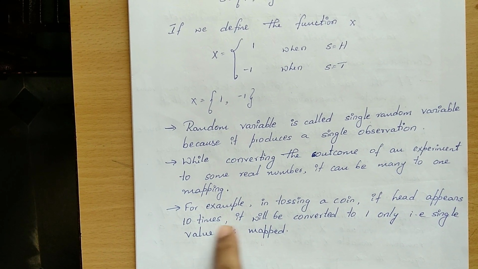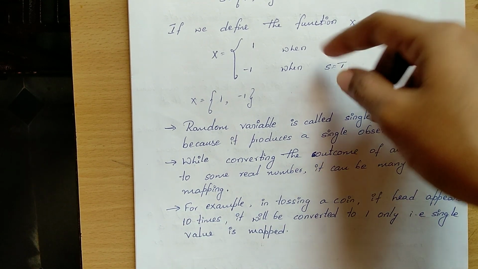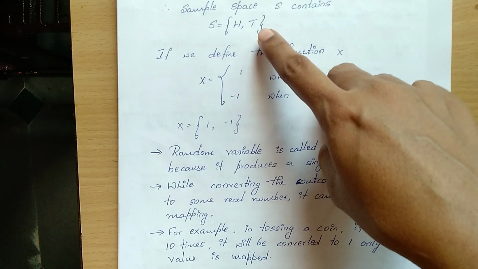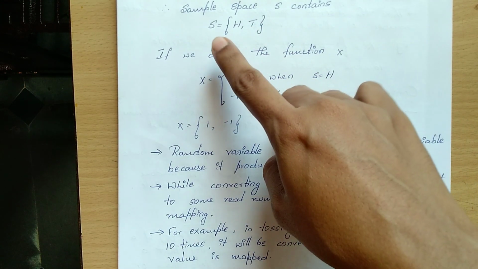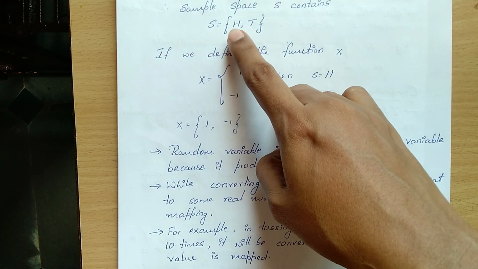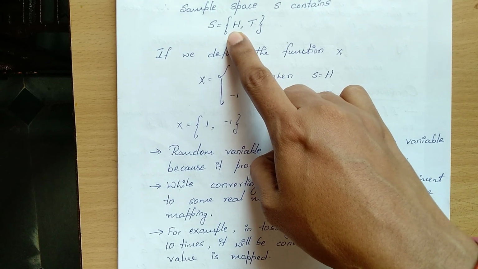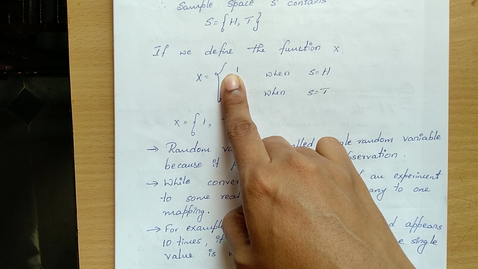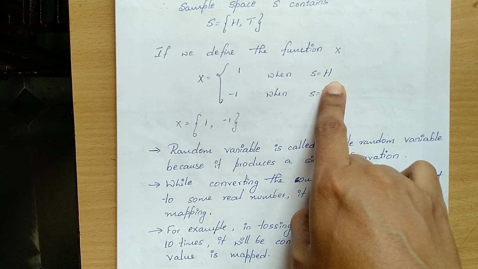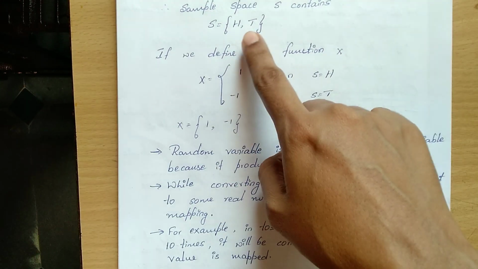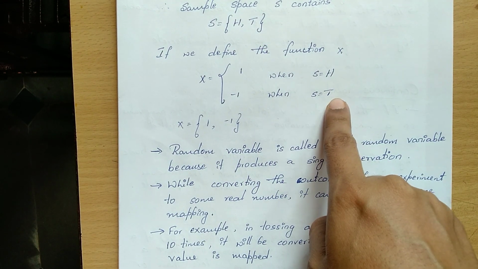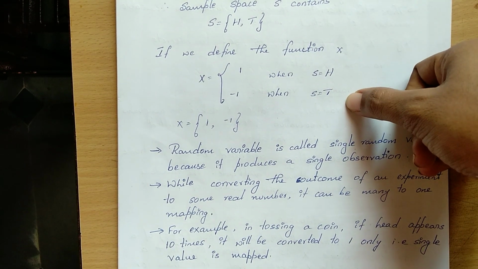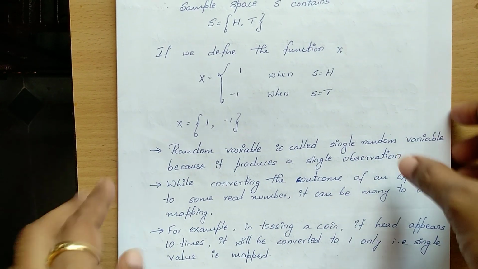Out of 10 times, if 6 times a head is obtained and 4 times a tail is obtained, then 6 times 1 is indicated, that is 1 indicates the appearance of a head, and 4 times -1 is used to indicate the appearance of a tail in the outcome.